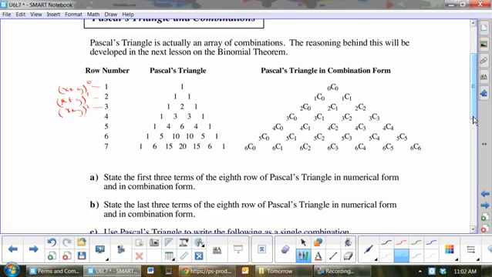Now, do you see how me asking you the third term in x plus y to the 7th isn't unreasonable? Any generalizations you can see? In row 3 is x plus y to the 2, which goes 1, 2, 1. But more importantly, it goes 2C0, 2C1, 2C2. So if I ask you the second term, what would be the exponents here?